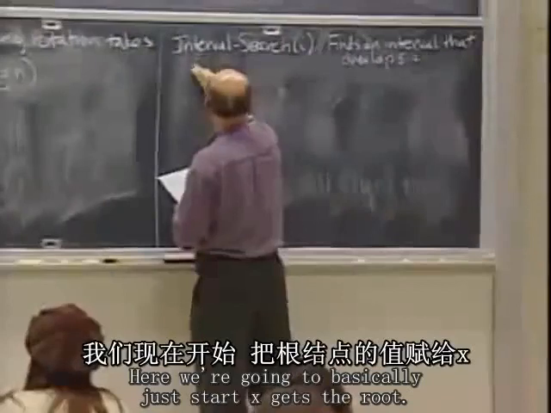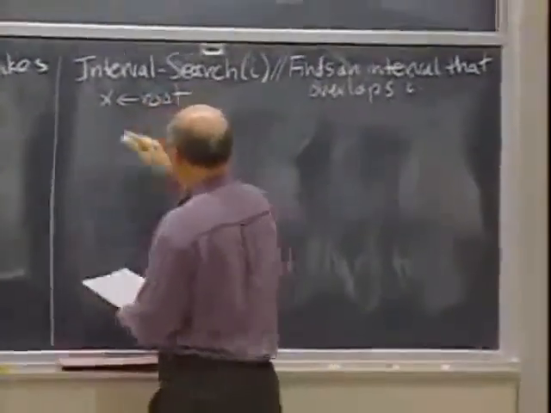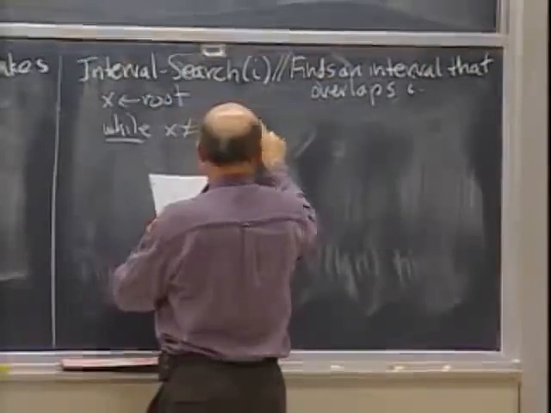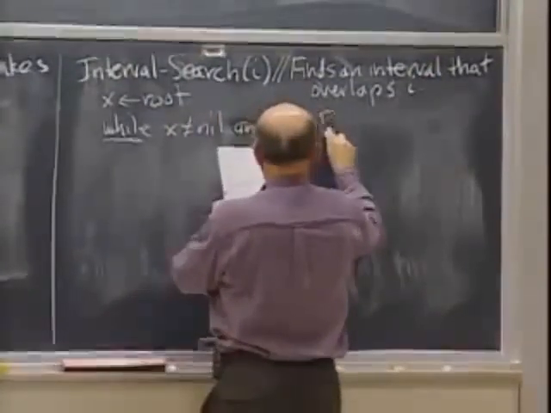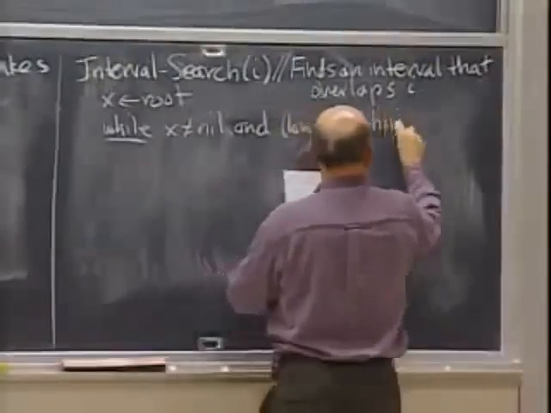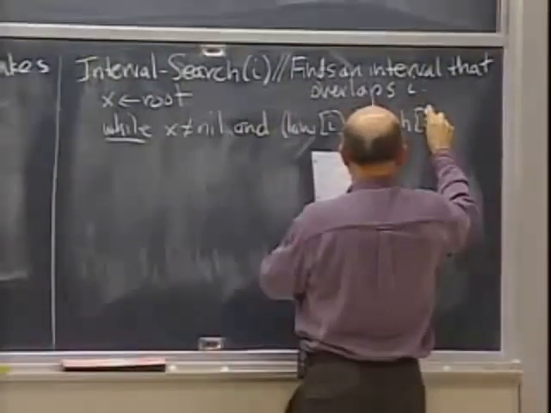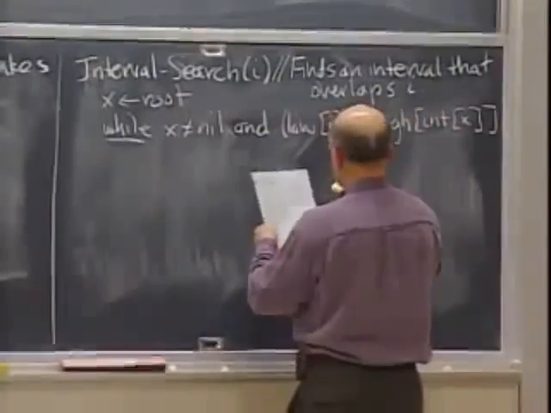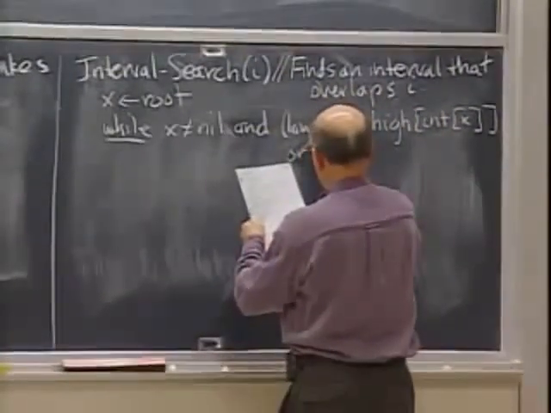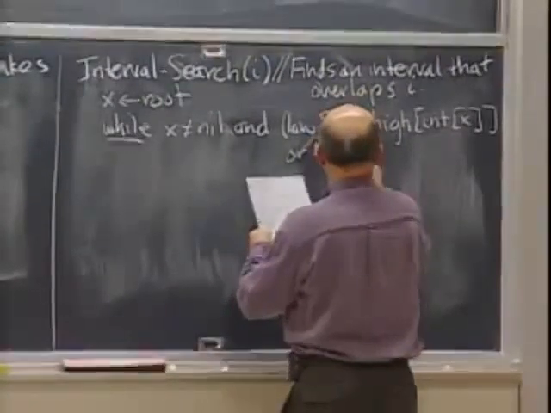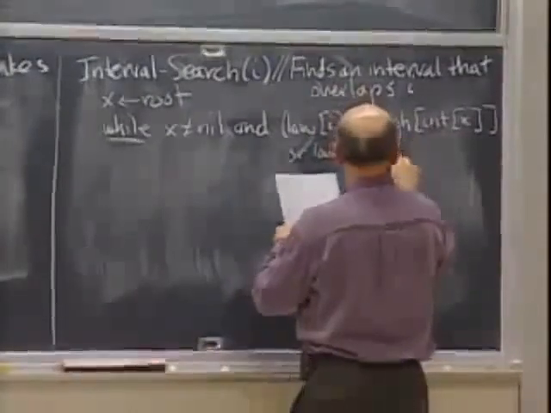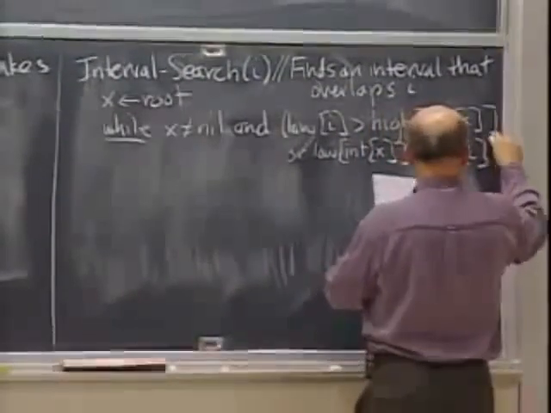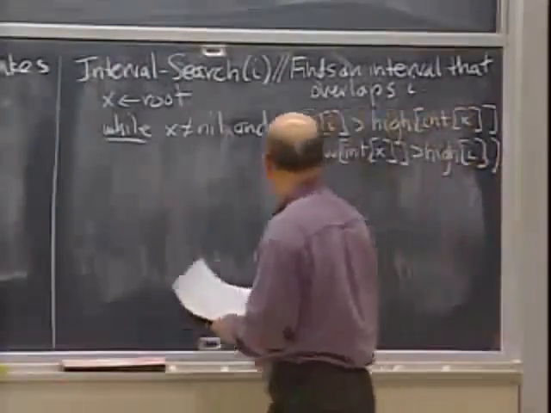So here we're going to basically just start with x gets the root. Okay, and then while, do.